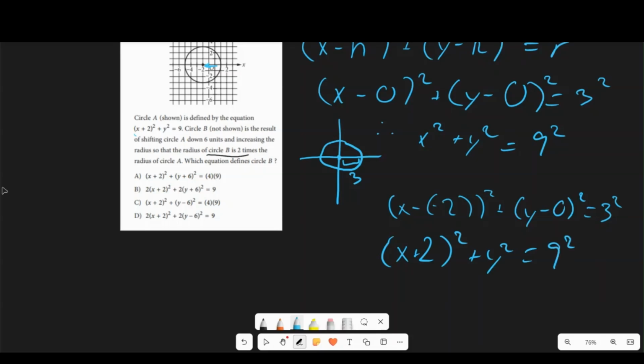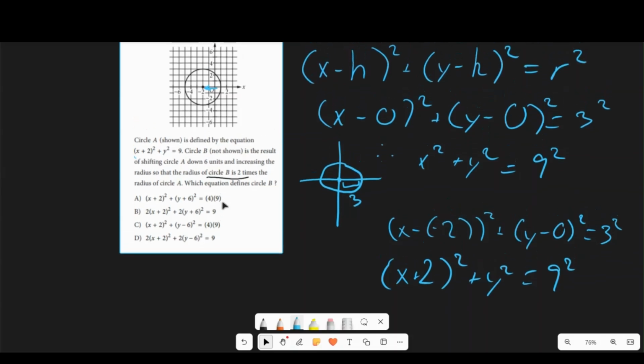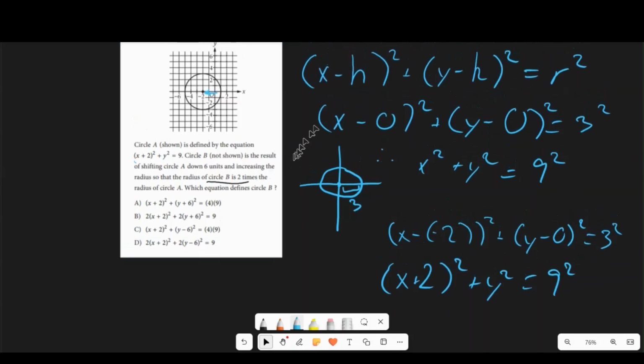I know this isn't how you solve this problem, but I'm just trying to illustrate how you would interpret the equation of a circle. I know it can be a little confusing when you have a plus 2 but it's shifted to the left. Hopefully this helps you understand how these secondary values h and k are utilized in an equation of a circle.